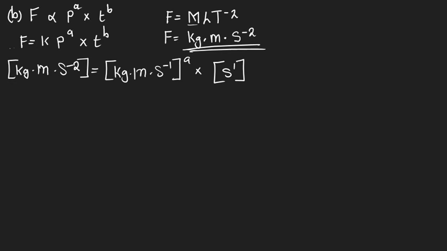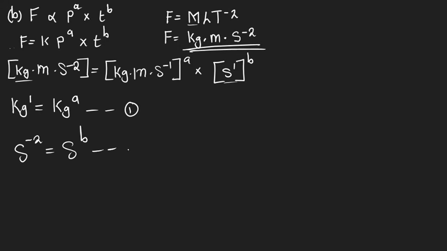Let's find the value of A and B. We can find the value of A using the kgs, of course. If we're using this, we're going to say kg to the power 1 is equal to kg to the power A. This becomes our equation 1. Then, of course, if we want to find B, because B only has the s part, we're going to say s to the power negative 2 is equal to s to the power B. This becomes our equation 2.